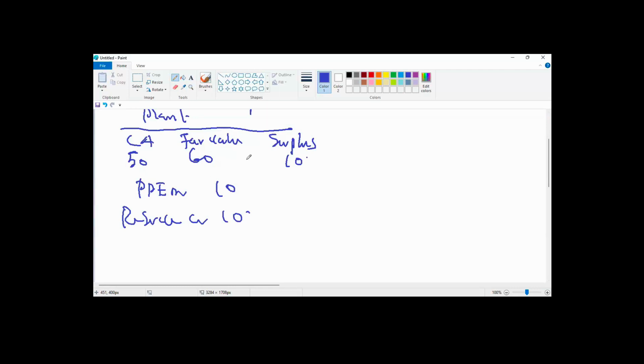Now, depreciation. Depreciation is charged at 20%.